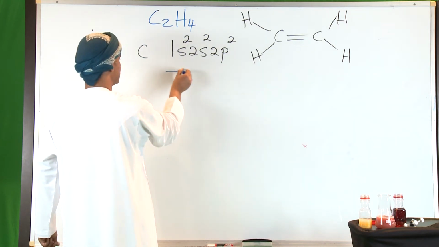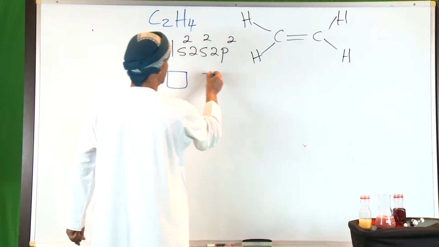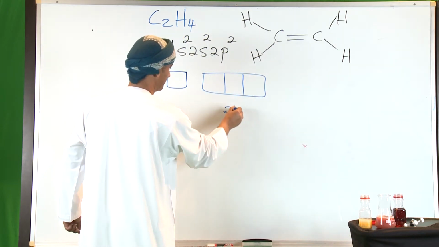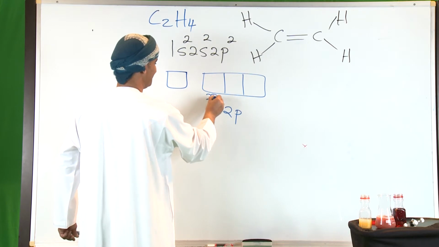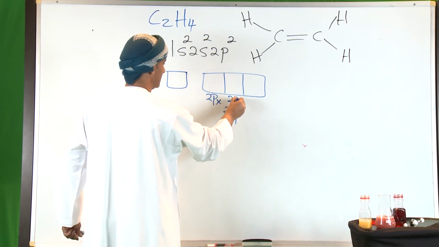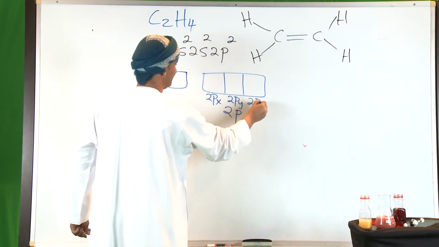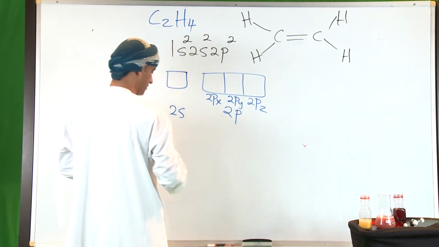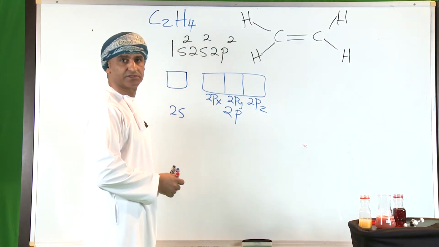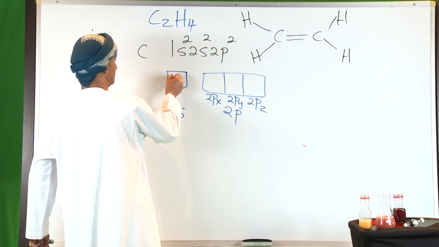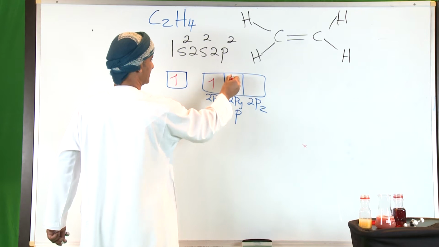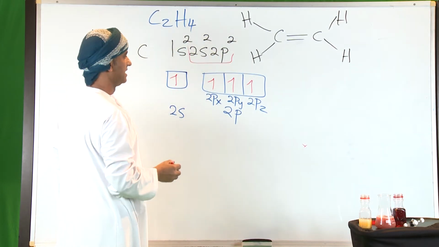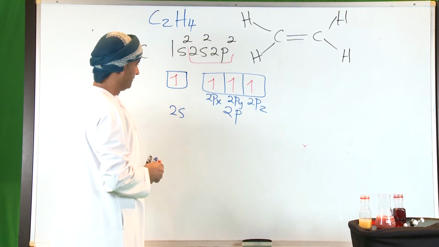So this is the 2s orbital, and these are the 3 p orbitals: 2px, 2py, and 2pz. Of course, there is an unpaired electron in each of them, so that's 1, 2, 3, 4, because there are 4 valence electrons in carbon.